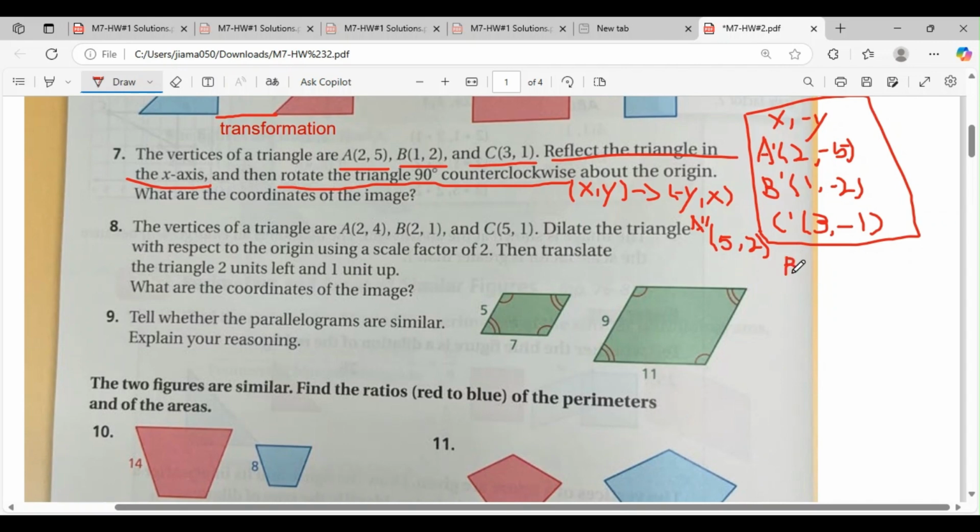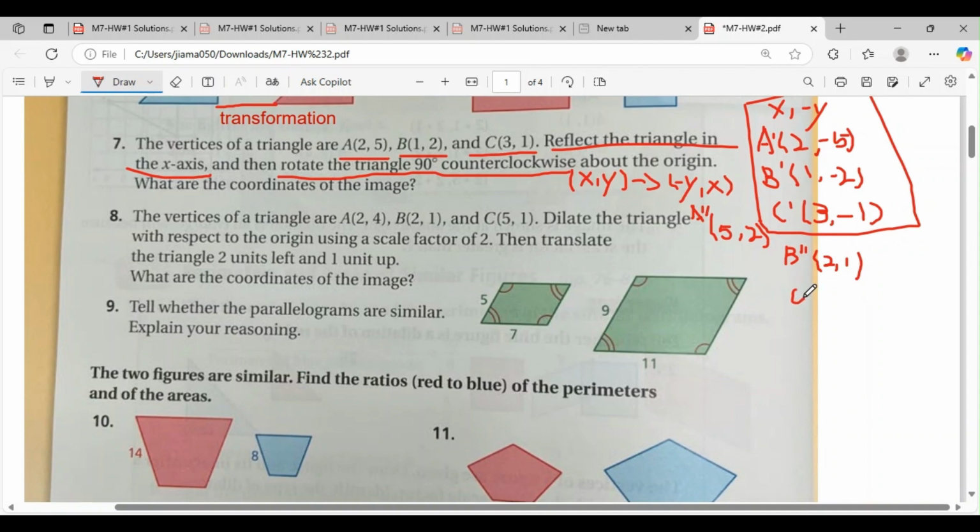Let's see B. B is (2, 1). Okay, C is (1, 3).